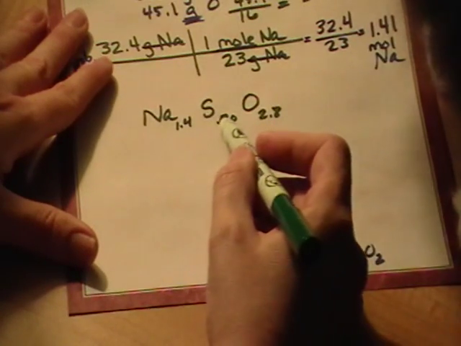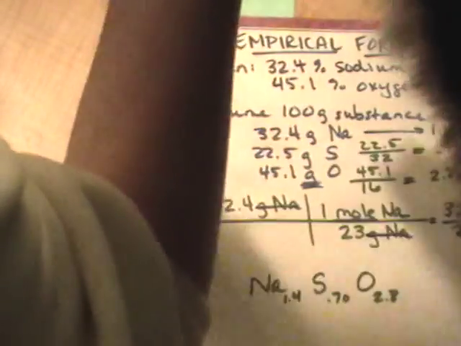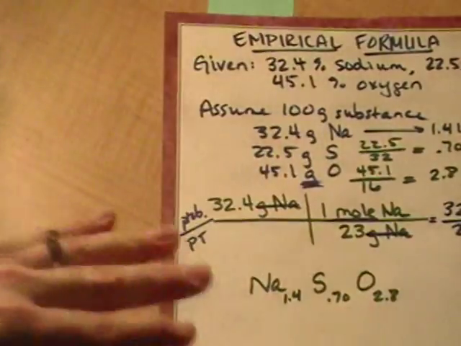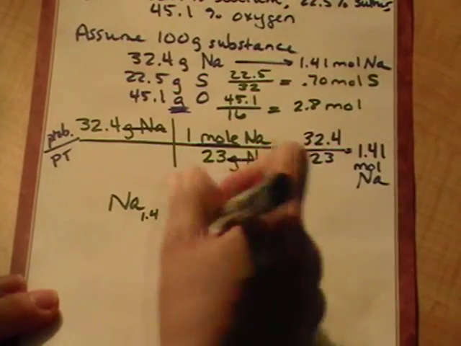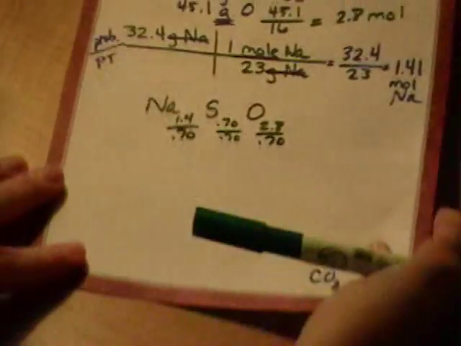So the easiest way to do this is to divide by the lowest number. So I'm going to divide by 0.70, all of them. If I do it to all of them, it works. Okay?